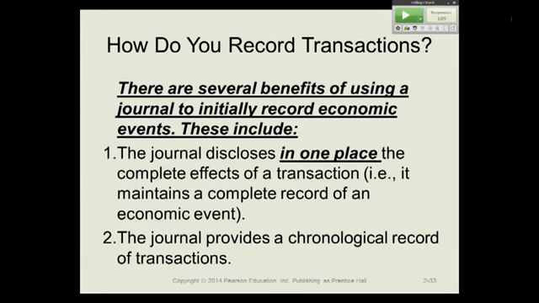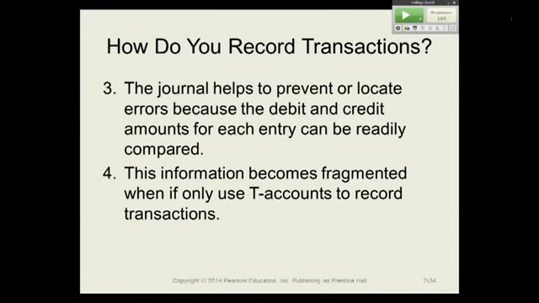You also have the events in the order in which they occurred, so you could trace them. If someone called you up and said, I ordered a product on this date, you'd be able to find it in the journal. It also helps you to locate errors. If there was ever an error in a transaction, you can go back to the journal entry and find it. You can make sure the debits and credits are equal. You make sure that the explanation in that journal matches up with the purpose of the transaction or the event.